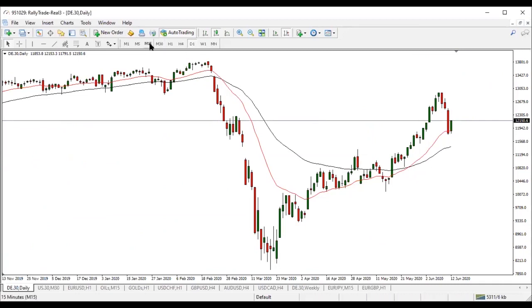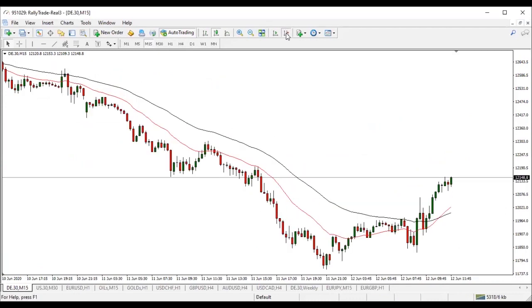And of course, don't forget that you can come to M15. That's if you are using this strategy. Don't forget I've taught this strategy in the webinar before. You can come to M15 now and check if you can place a buy. Now, for you to place a buy, it's time for you to begin to look for a buy on this particular instrument. But don't forget that you're not going to just jump into a buy. No, you're going to jump into a buy if this price returned and touched any of these moving averages while the red is above the black and returned with a pin bar.